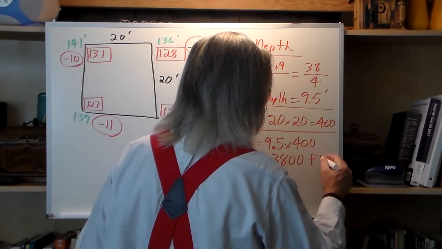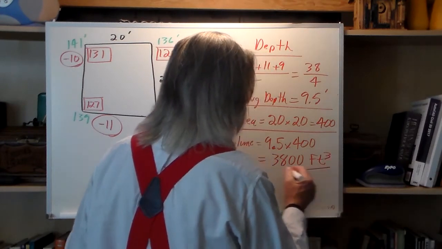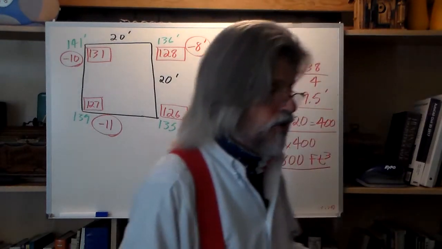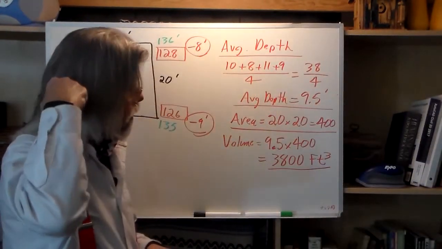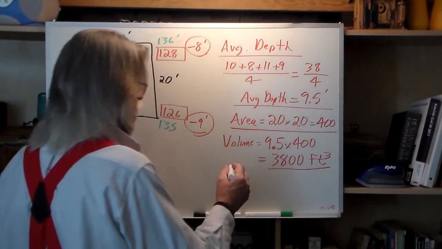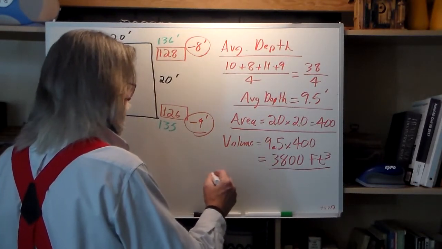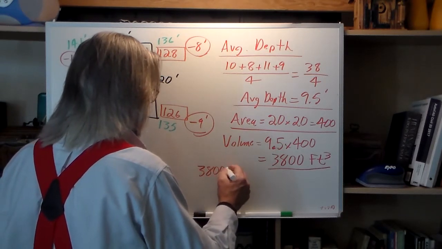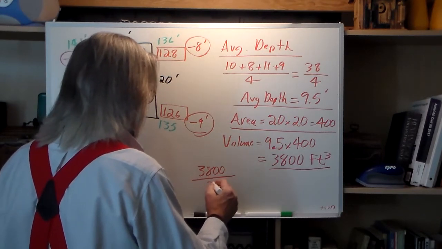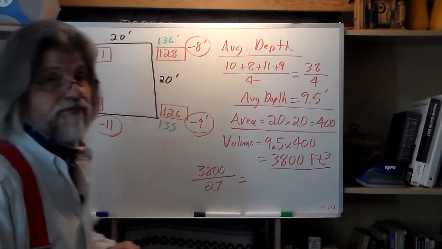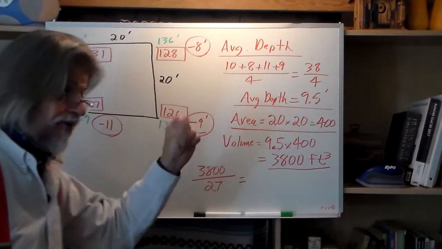3,800 cubic feet. But remember, we're dealing with dirt here. We don't ever use cubic feet, so we need to convert that to cubic yards. So 3,800 divided by 27 is what? Now for that, I do need a calculator.